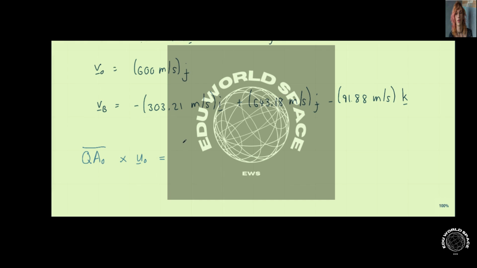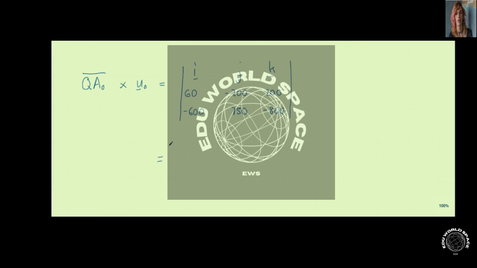And this is equal to, using the method of cofactors, I, J, K, QA naught 60, minus 200, 200, and U naught is minus 600, 750, and minus 800.